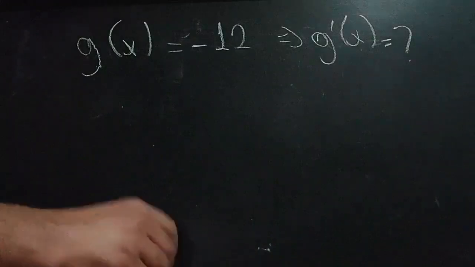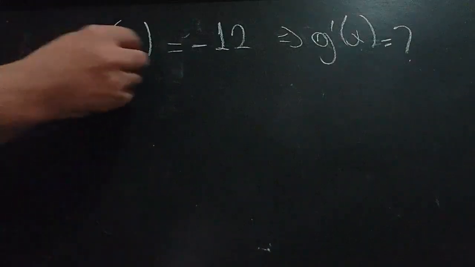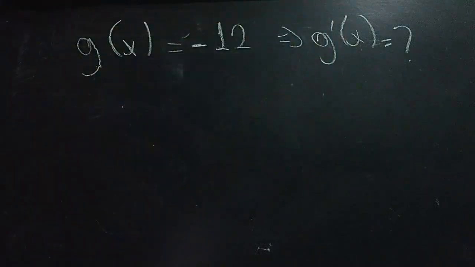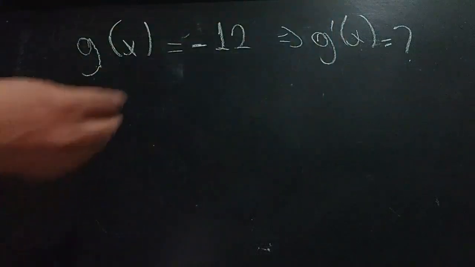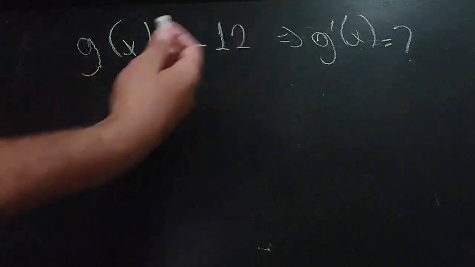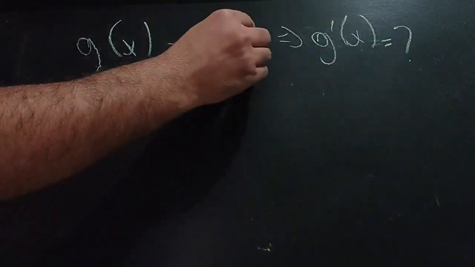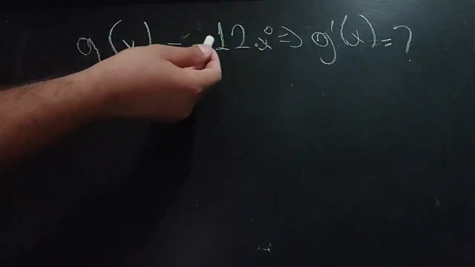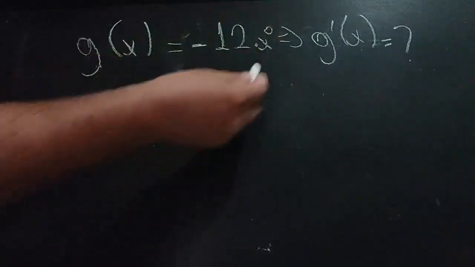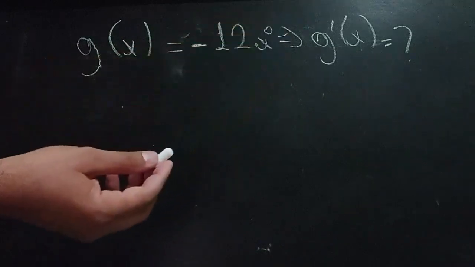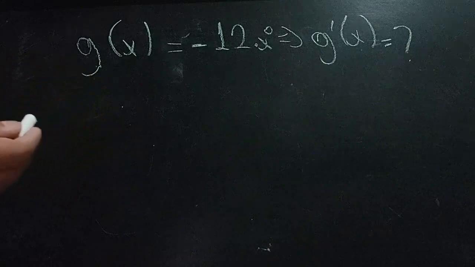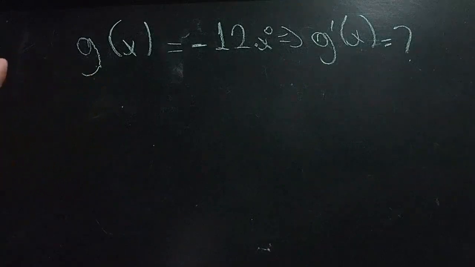So the question is asking us, if g(x) equals negative 12, what is the derivative of g(x)? So there is no x there, right? That is going to be x power 0, because negative 12 means negative 12 times 1, and x power 0 is 1 already. Remember, I told you in the previous question, any number power 0 is 1 except 0 power 0.